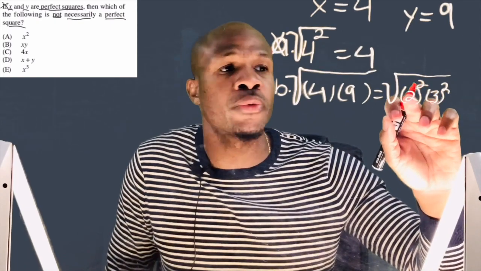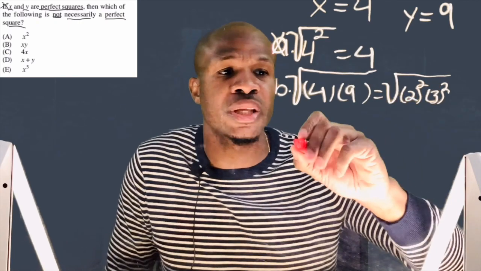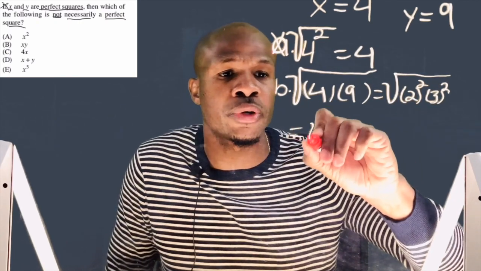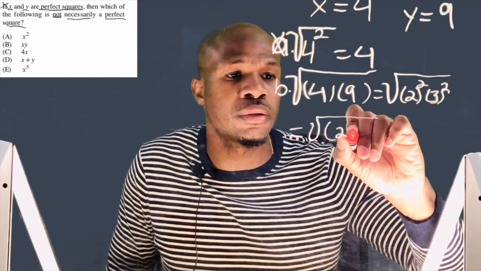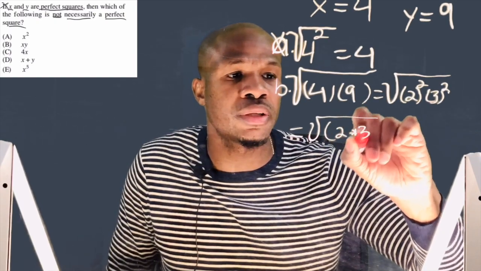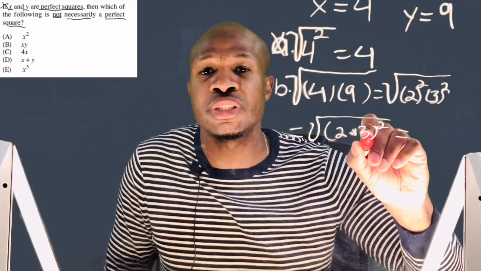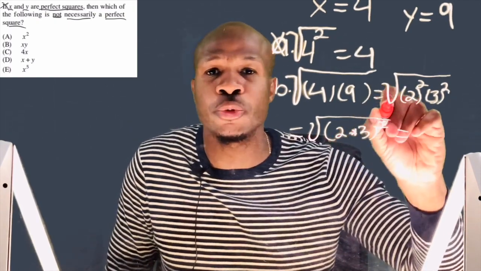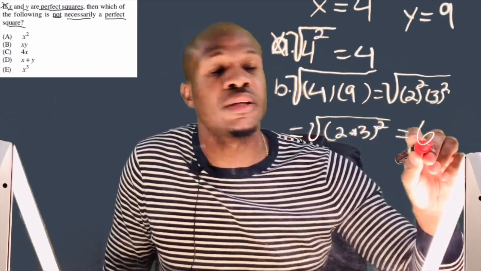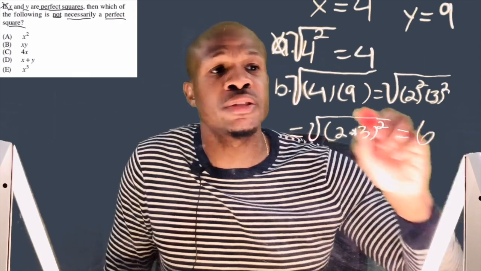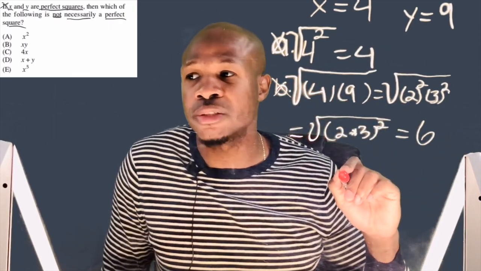Well, inside the square root, I have 2 squared and 3 squared, so I can combine the squares. That would be equal to the square root of 2 times 3, squared. 2 times 3 is 6, so this is 6 squared. And the square root of 6 squared is 6. So that's an integer. So this is also a perfect square. B is not my answer.